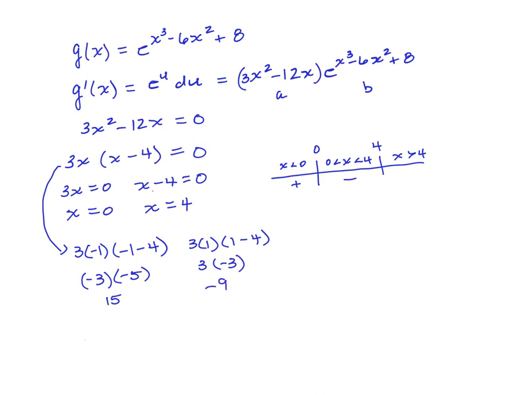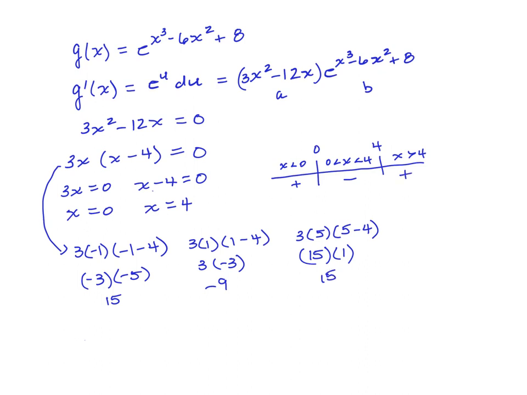So there's a place where the slope is negative, so the function would be decreasing. And then we need to check the last interval, where x is greater than 4, so we could put 5 in. We would have 3 times 5, multiplied by 5 minus 4. We get 15 times 1, also known as 15, which is indeed positive.